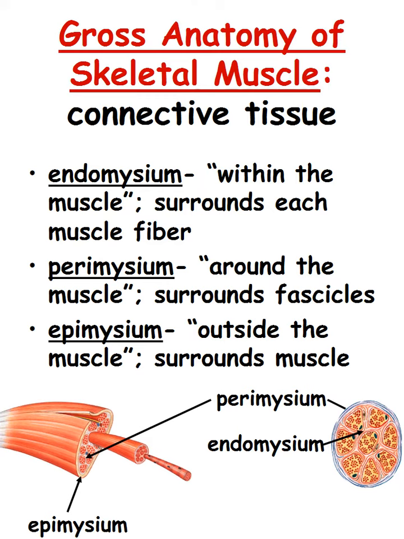The epimysium is a layer of dense, irregular connective tissue that surrounds the whole skeletal muscle. And if you recall, epi means upon, and so it would surround the largest of the muscles, so being the skeletal muscle itself.